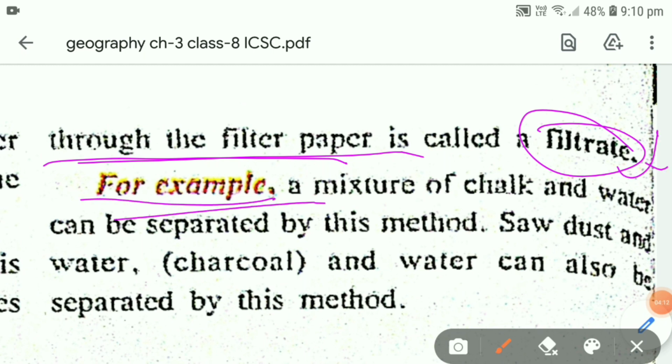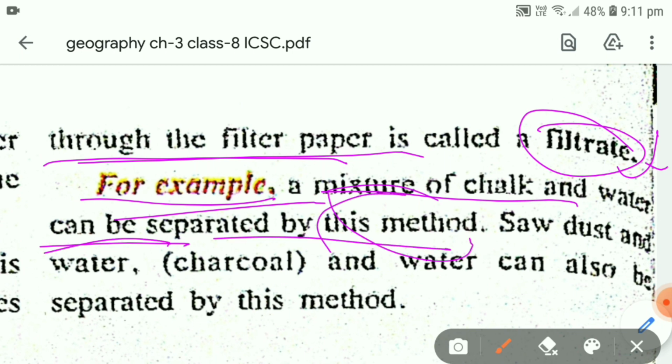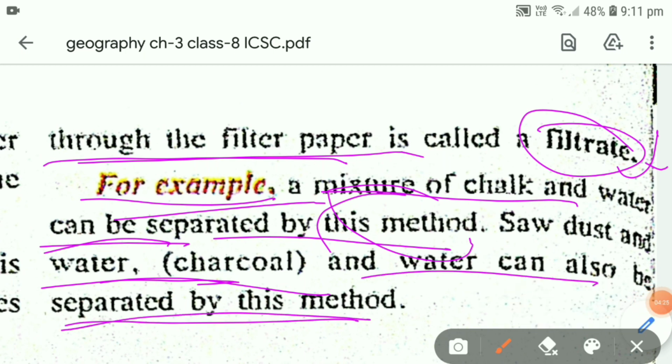For example, a mixture of chalk and water can be separated by this method. Sawdust and water, charcoal and water can also be separated by this method, and many more.